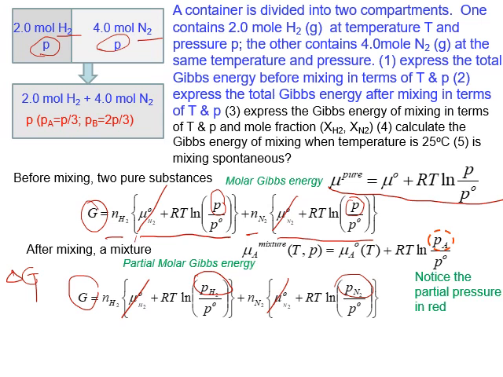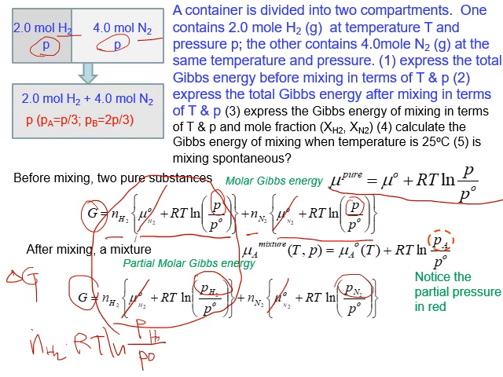So let's write it. For this one, it should be n hydrogen times RT ln P over the standard state. That's after mixing, minus before mixing, and that will be n hydrogen RT ln P naught. So that will be n hydrogen RT ln.